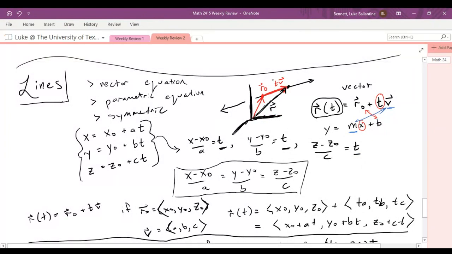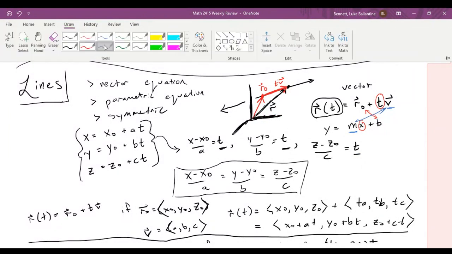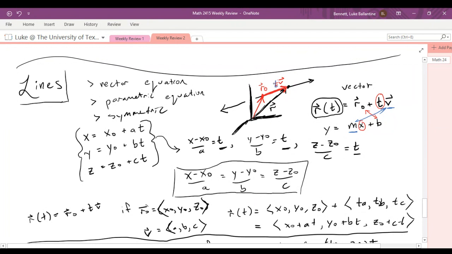So look right here, t is like the variable. If we made t bigger, it would stretch it further, and then we would just get to a further point on the line. So yeah, it stretches the length of it. Cool.